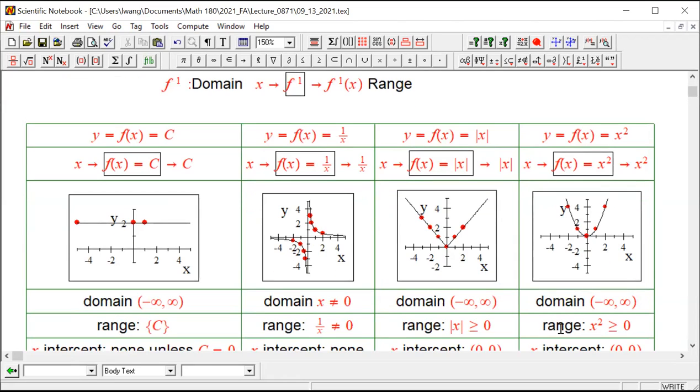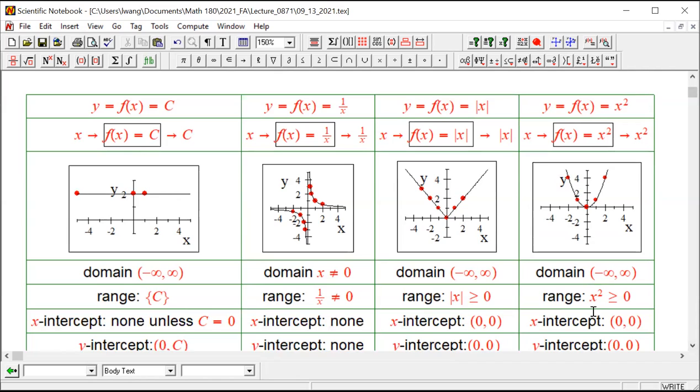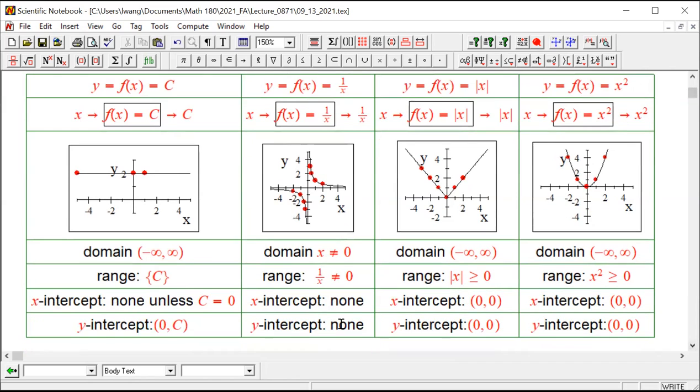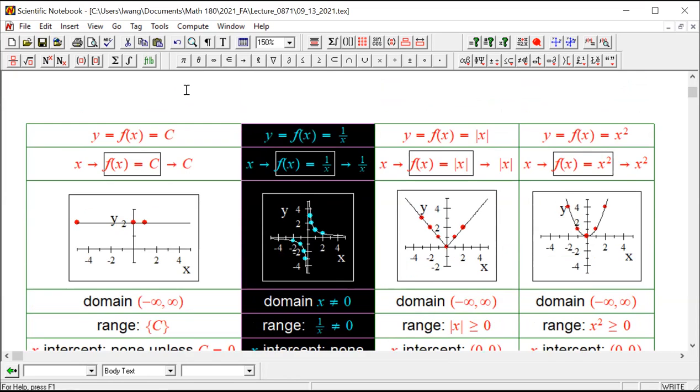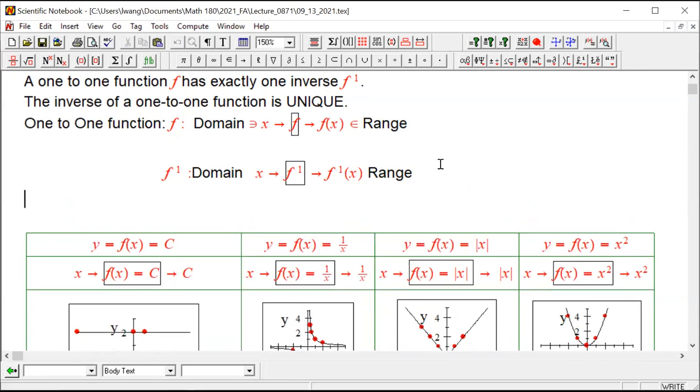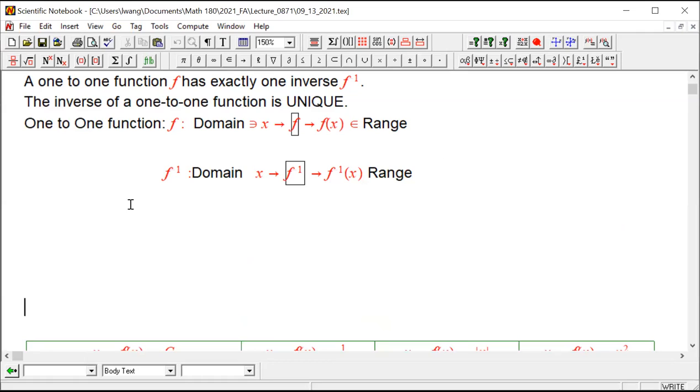For example, we know all of these are functions. You just do a horizontal line test. Which one is one-to-one? This guy is one-to-one. This is a one-to-one function. This one is a one-to-one function.